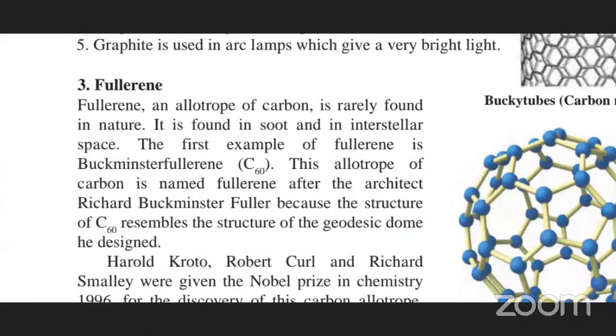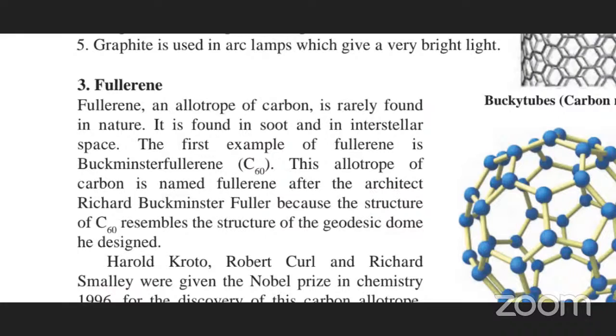Okay, next is fullerene. So again, this fullerene is another allotrope of carbon, and it is said that it is rarely found in nature. It is not very common in nature. बहुत कम पाया जाता है.